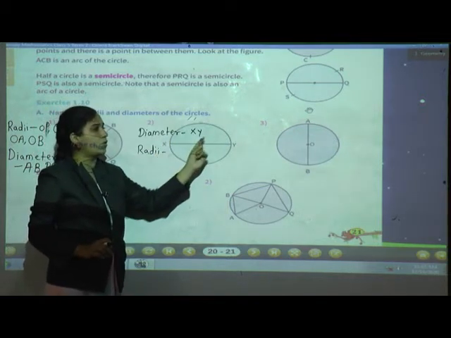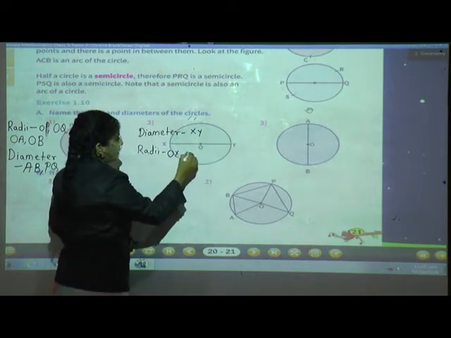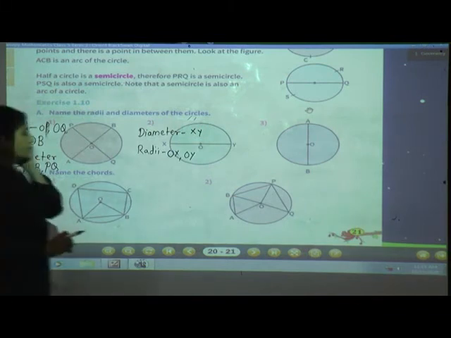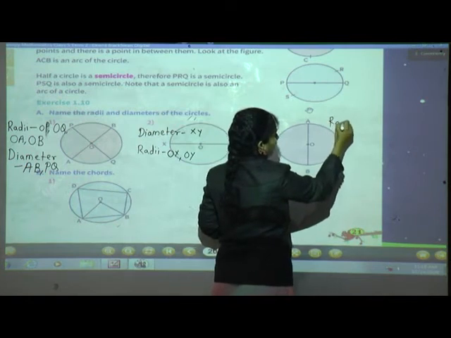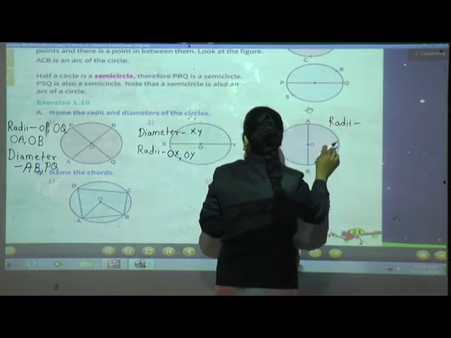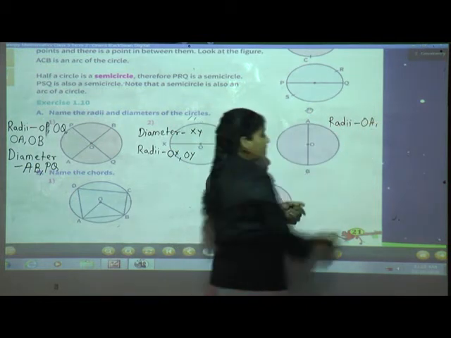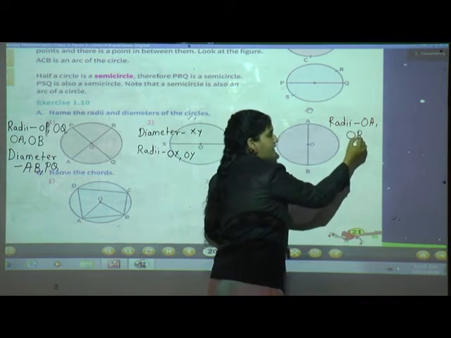Again, radius OX and OY, these two are the radii. Now third one, here also the same, radii OA. Again, second one, very good, OB.